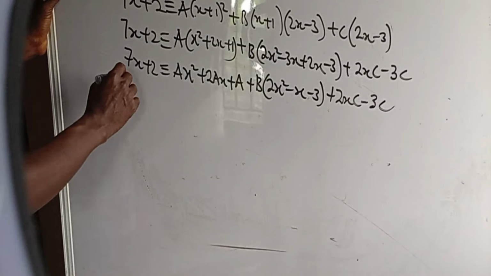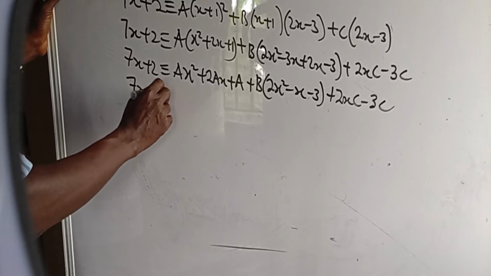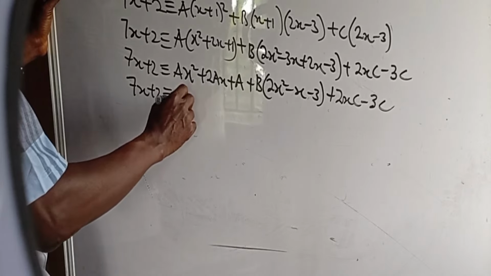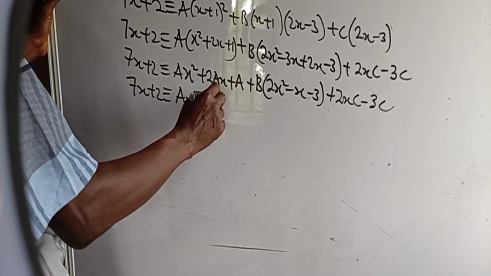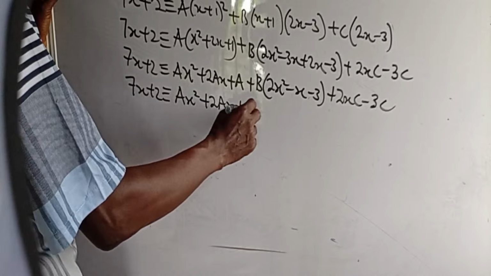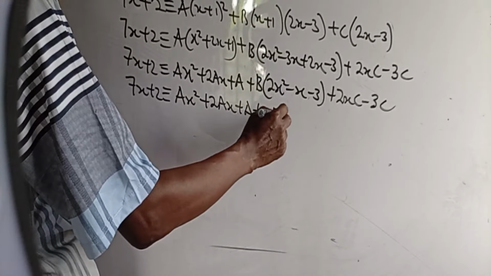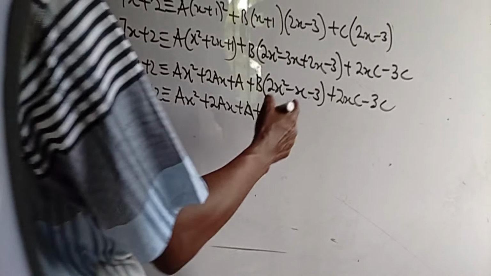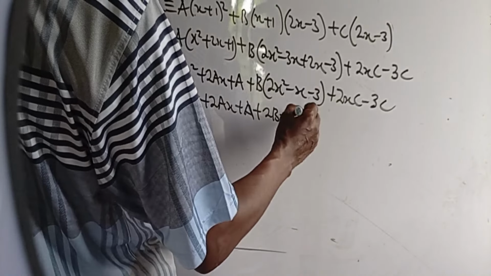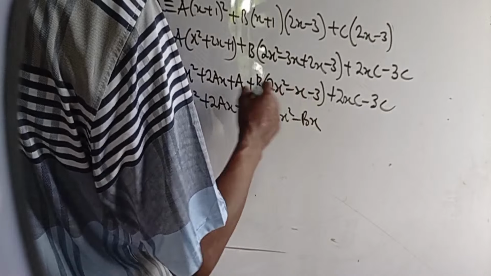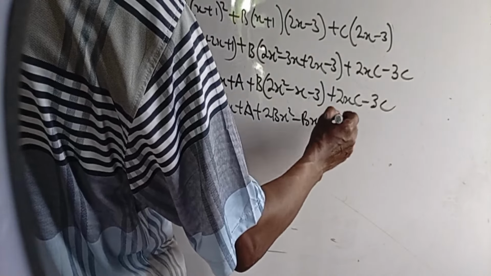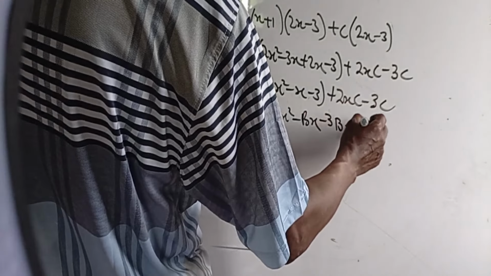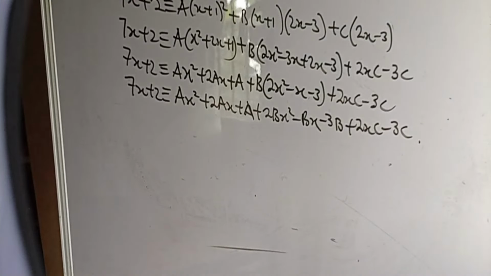So we have 7x plus 2 equals ax squared plus 2ax plus a plus 2bx squared, that is when you use b to open the bracket, then minus bx minus 3b plus 2xc minus 3c. Now, I hope that is clear.